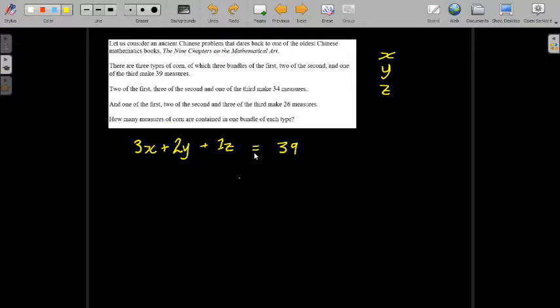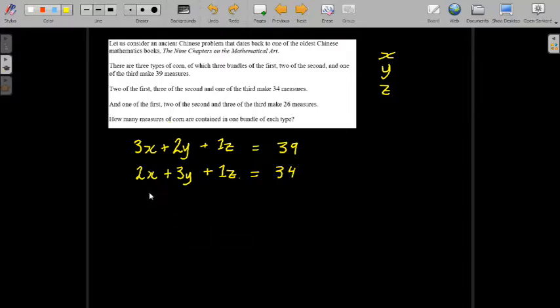Now I've got 3 unknowns, so I need 3 equations, and it just so happens that we've got 3 bits of information. So we'll look at the second equation. We've got 2 of the first, 3 of the second, and 1 of the third. And all up, when we add them together, we get 34.